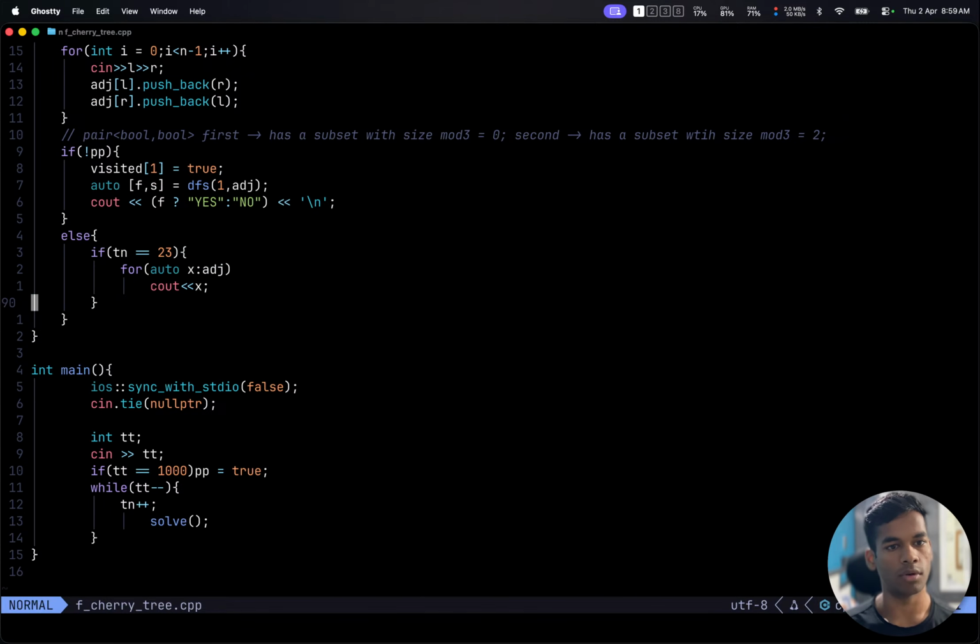Else if PP is true and n equals this, then do this.